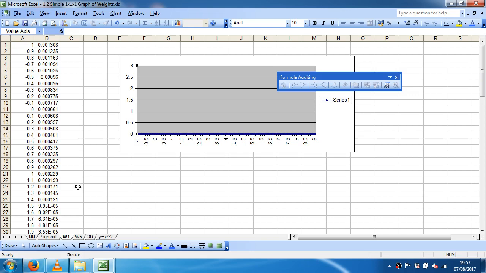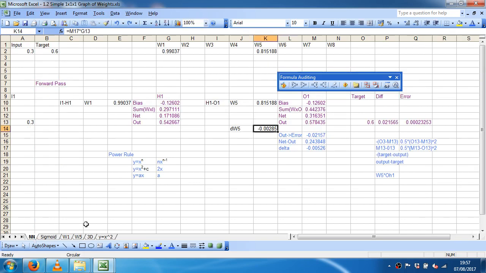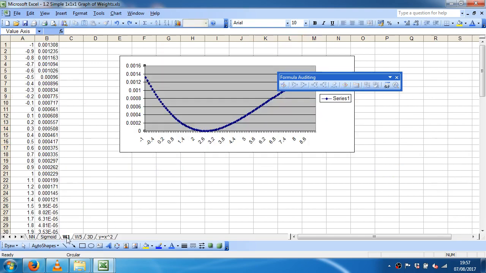And that's why when we look at the result of our calculation of the gradient, it's come out as a pretty low number, because the gradient of the graph that we're looking at is pretty flat. But it does confirm that we have a negative gradient because the line's coming down this way. So we take the gradient here. It looks something like that. It's a negative gradient. Because it's negative, we know we need to move right. We need to make the number bigger.